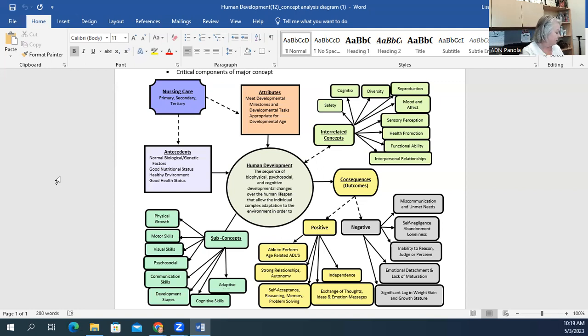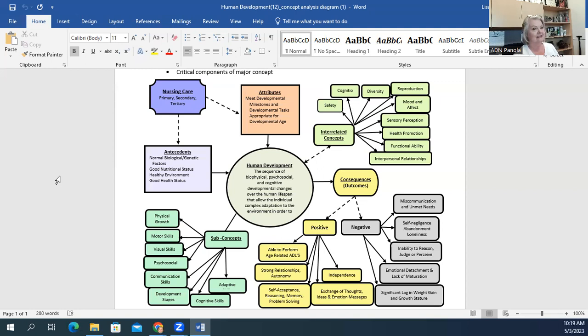A 35-year-old woman bearing a child with Down syndrome has a 1 in 353 chance. By 40 years of age, she has a 1 in 85 chance of having a Down syndrome baby. And by 45, it's 1 in 35. So age is very much a dominating factor in the incidence of Down syndrome.